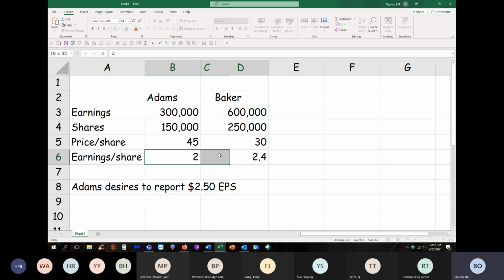And you know what? If these would have kept the format, or maybe I didn't have them in the other document, let's get some zeros back. There we go. So they'd like to report $2.50. Right now, they will be reporting $2. So if you're reporting $2 and you intend to report $2.50, how do you do it?